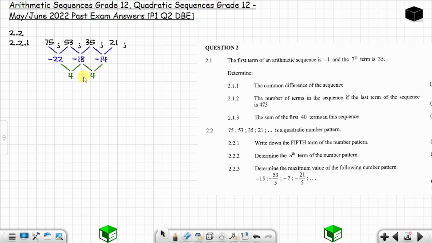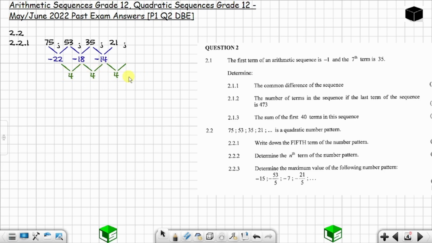The second difference of a quadratic number pattern is constant. So it means that this will keep on being 4, 4, 4, 4. You can continue in this fashion to get the next term of the first differences. It will continue to be 4 because this is the second difference, which is constant.